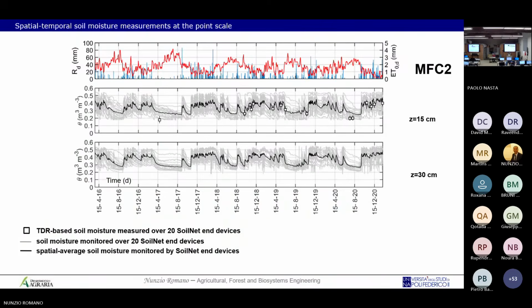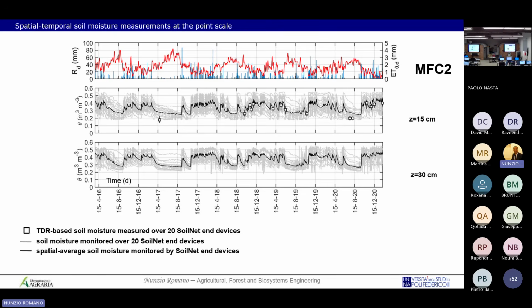And here you see all the information. The experimental field, of course, has the weather station. So we have the rainfall, the daily rainfall, and from the temperature we compute the daily potential evapotranspiration.